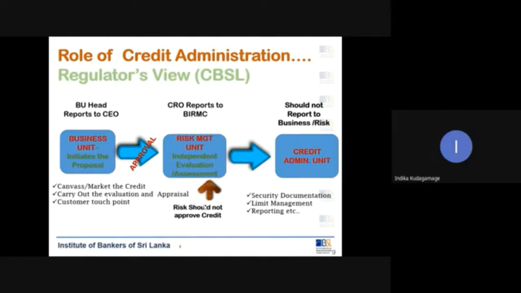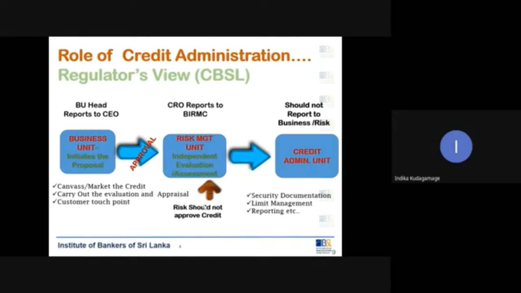Then you have a risk line, where the aim is to look at the proposals independently and see whether the risk is acceptable to the bank. In that process, I told you we have two risk units. Firstly, CRD, credit review, and then we have LRM.